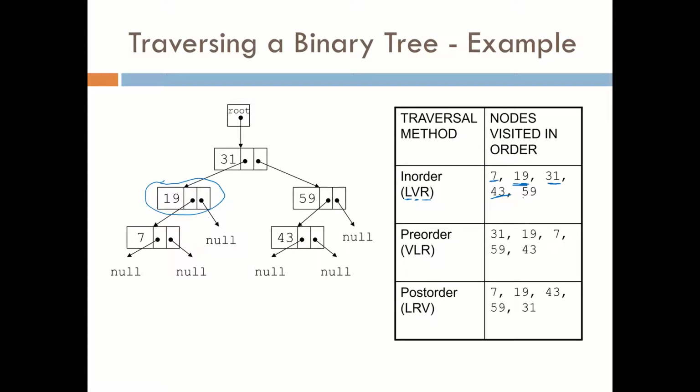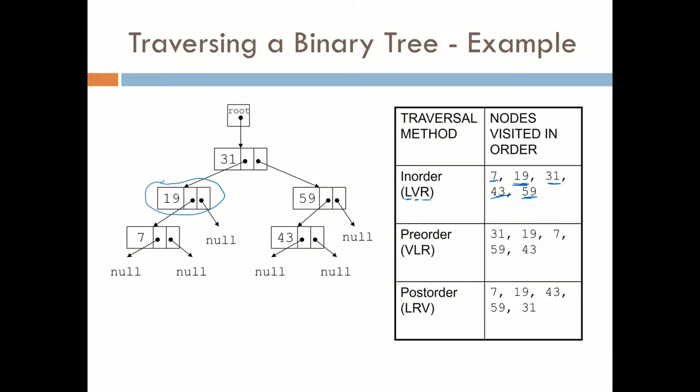Okay, and so I output 59, and having visited the left subtree and visited the node itself, I now must travel down to the right subtree. It is null. So I travel down there, I backtrack here, and I return.